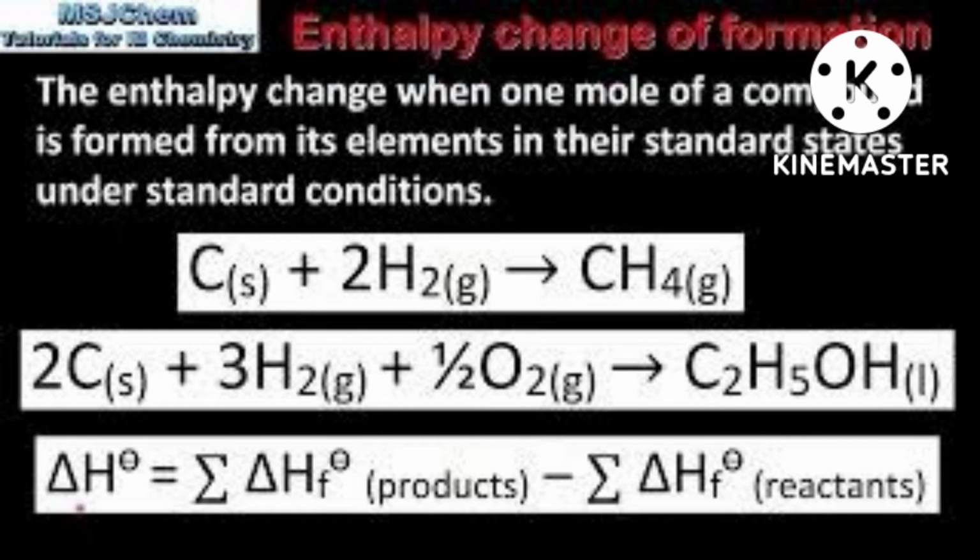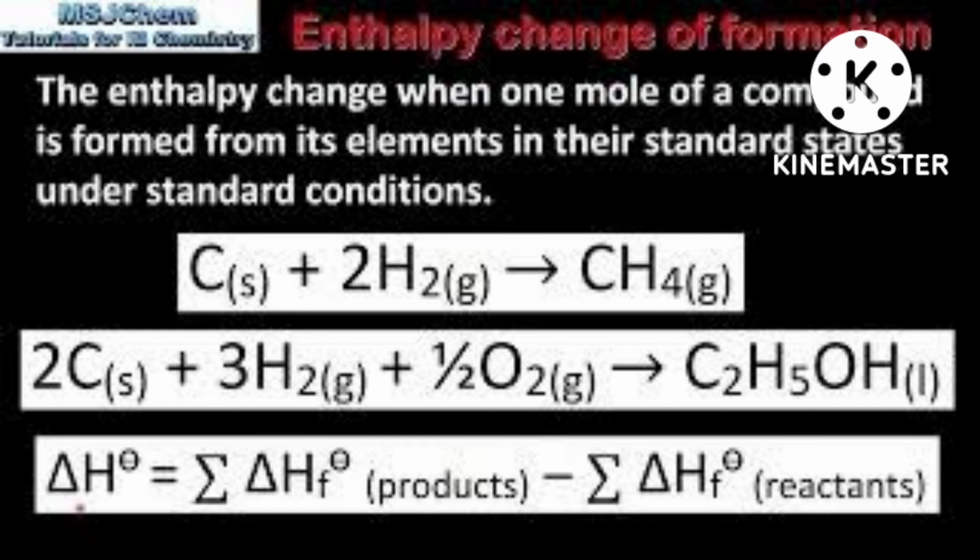Now here you have to give importance to the value of delta H. Delta H may be positive, delta H may be negative. Delta H negative means exothermic reaction: heat will evolve and go outside.